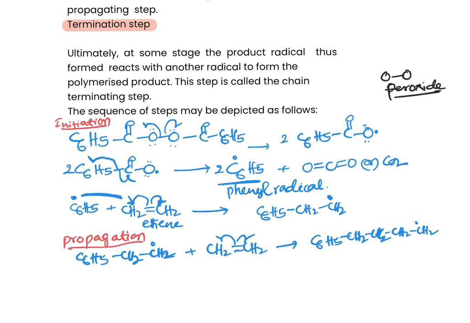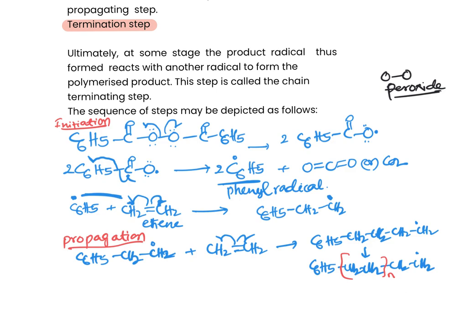This will undergo the same number of times, and we will get C6H5CH2CH2(CH2CH2)n with a dot. Here N is the number of molecules added to this free radical, forming a larger free radical.